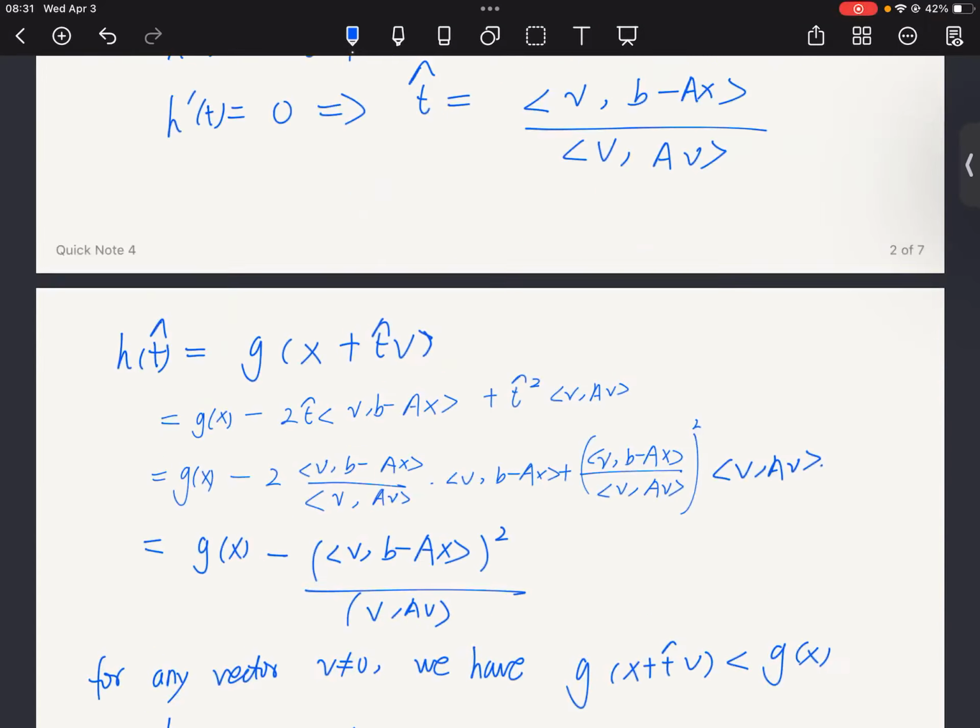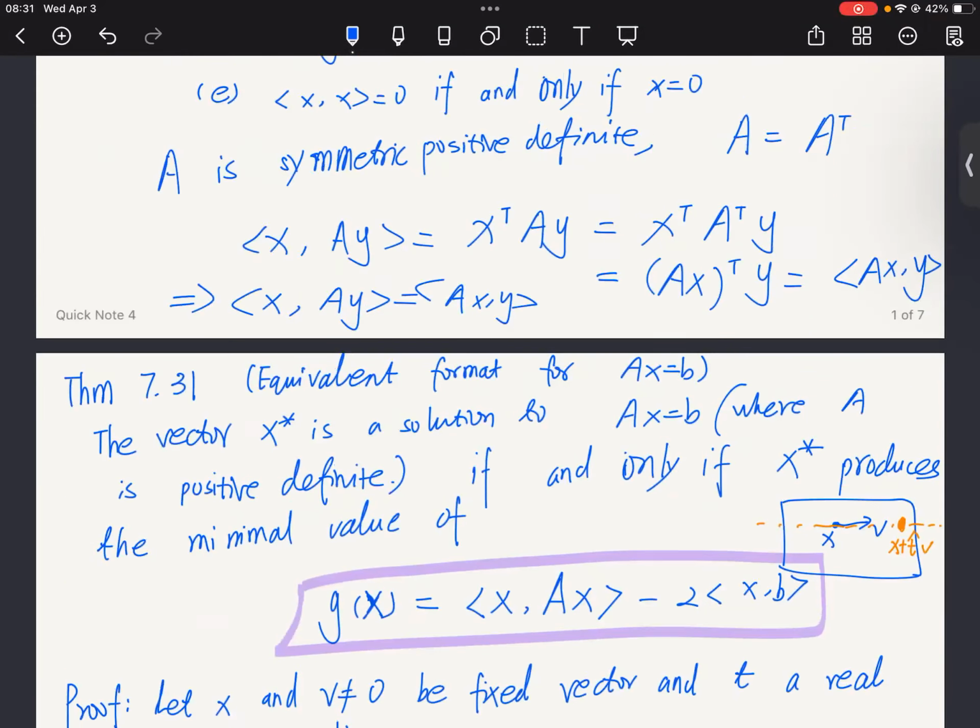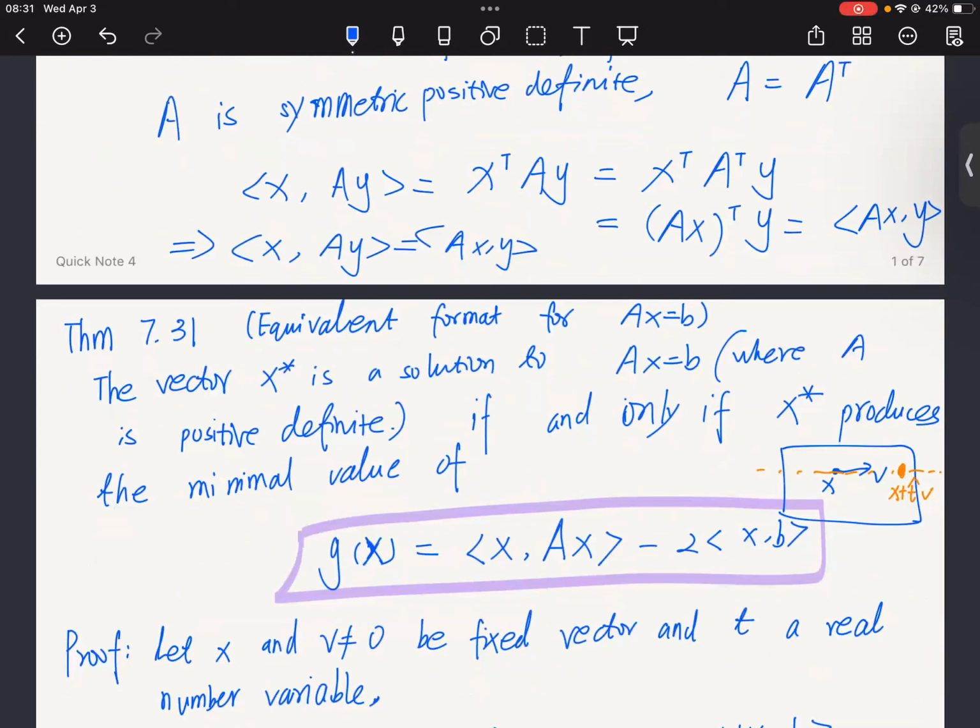Let's get this into details. What we have stated in the theorem is that x is the solution of Ax equals b, and because this is an if and only if statement, it means that if this is the minimal value of this function, then this is the solution. So we are going to prove both ways.